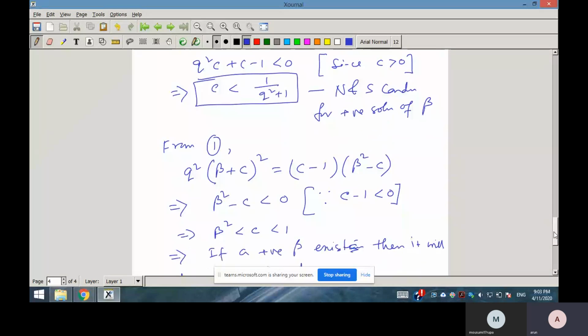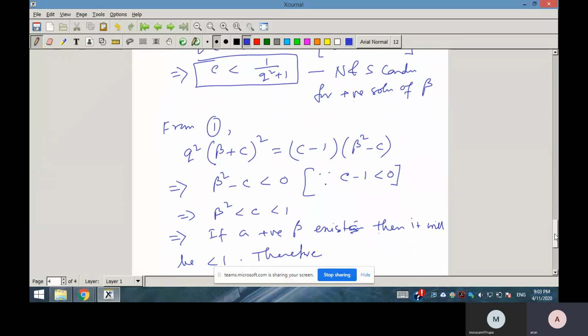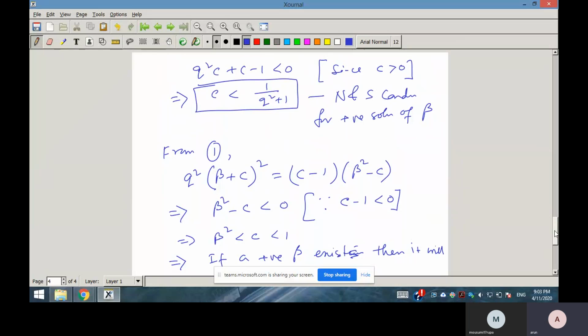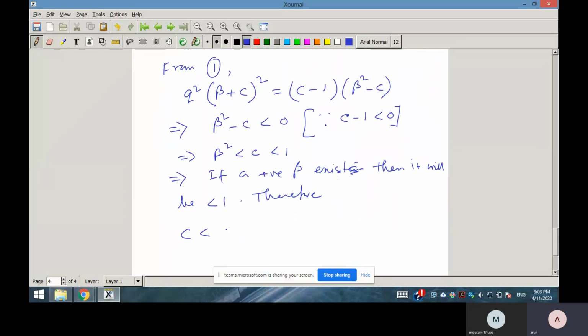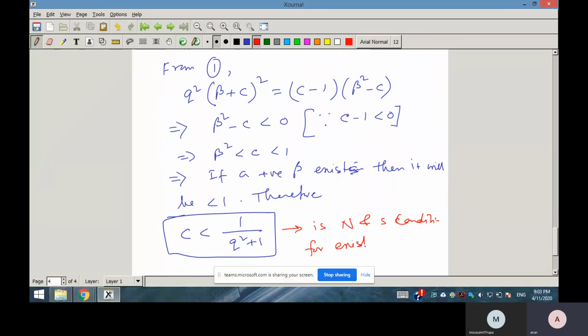So therefore c less than 1 divided by q square plus 1 is necessary and sufficient condition for existence of lead controller.